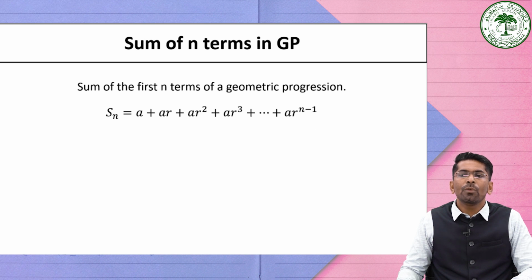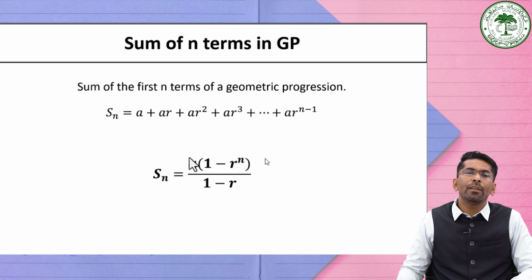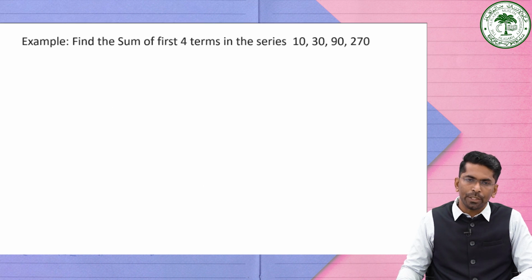So if the starting value is a and the common ratio is r, then we can use the formula: the sum is equal to a into 1 minus r raised to the power n divided by 1 minus r. By using this formula, we can find the sum of n terms in a geometric progression.